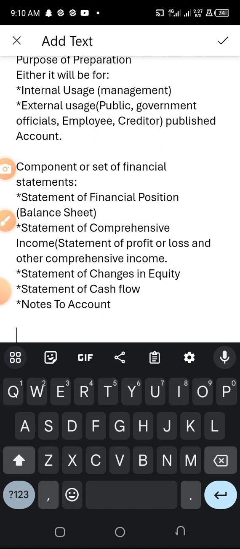The statement of comprehensive income gives an overview of the performance of a reporting entity: the assets that have been committed into the business, how well have they utilized them?